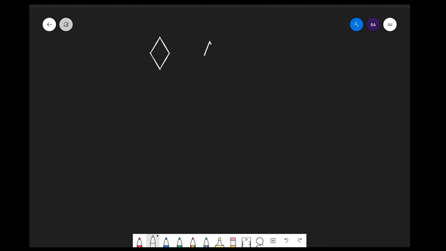We've also got a kite shape. So a kite shape is shorter at the top with longer lines in the bottom, but also a four-sided shape. And a quadrilateral can also be any kind of random four-sided shape.